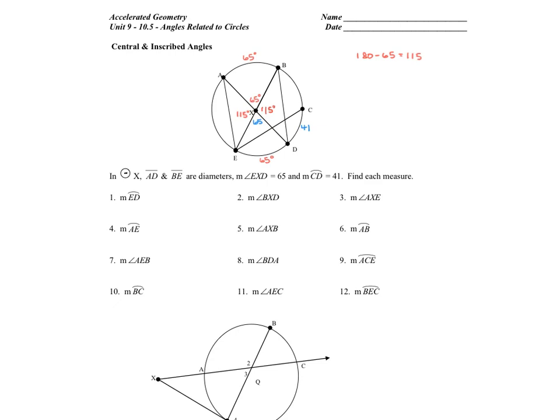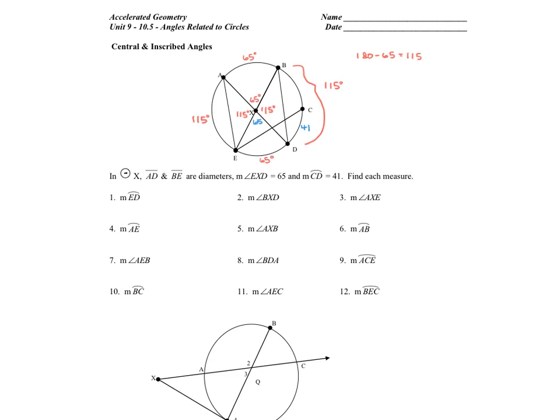And again, based off the fact that angle AXE is a central angle and it intercepts arc AE, arc AE is 115 degrees. And angle BXD is a central angle and it intercepts arc BD, so the measure of arc BD is also 115 degrees.